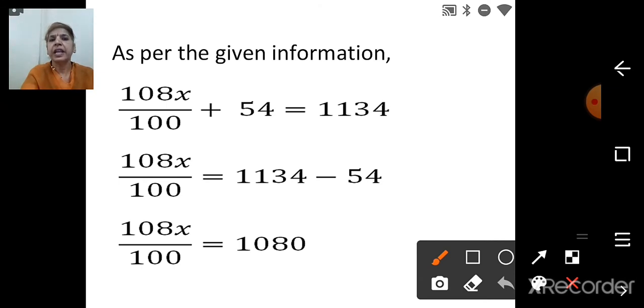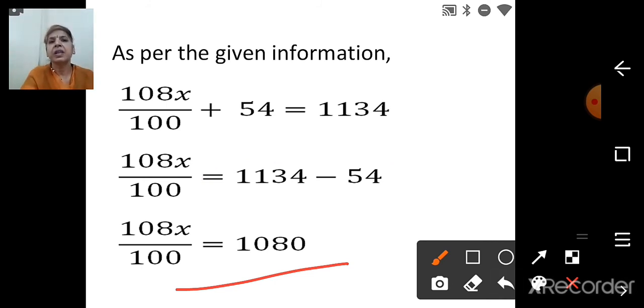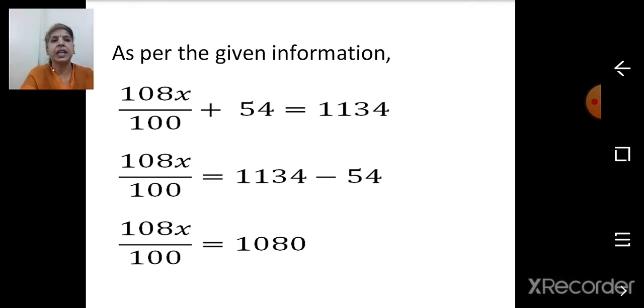So 108X upon 100 is equal to 1134 minus 54. 54 will go to the other side of the equality, minus 54, right? Now 108X upon 100 is equal to 1080. When you subtract these figures, 1134 minus 54, you will get 1080.